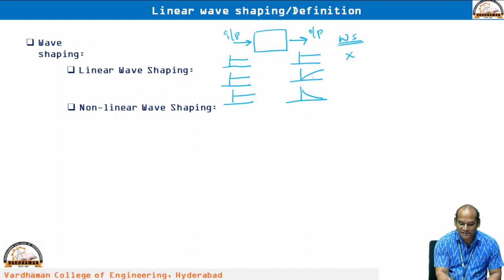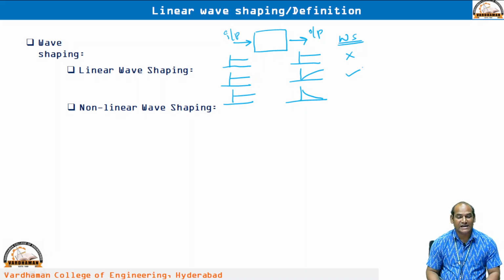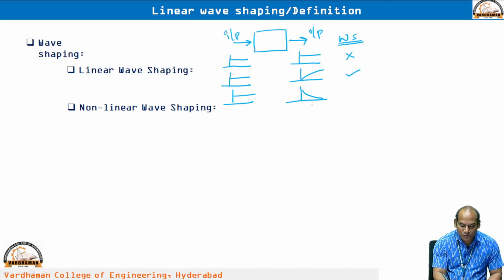So, the shape of the output waveform is different from the shape of the input waveform, that is why we can tell wave shaping has been done. In the third case also, the output waveform is an exponential signal and the input is a step signal. So, the shapes differ, that is why we can tell wave shaping has been done.